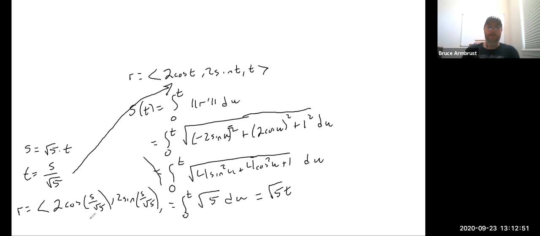Just make sure. That third component, t, is just going to be s over root 5. And that's the process, always. It's just a matter of doing this integral first so that you can find the relationship between s and t, and then solving for t.